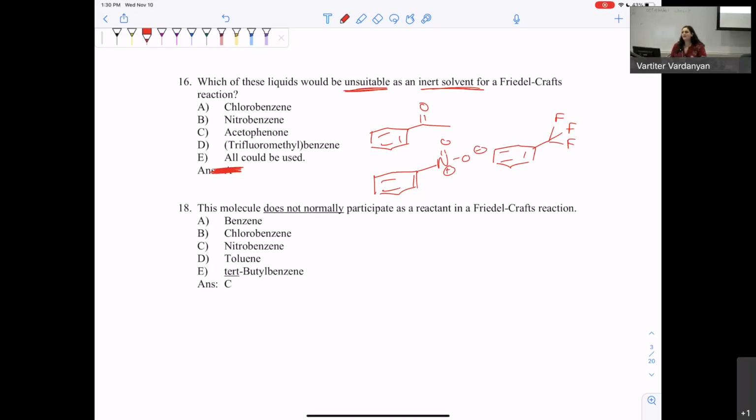Inert solvent basically means it's going to be in the reaction and not react whatsoever.